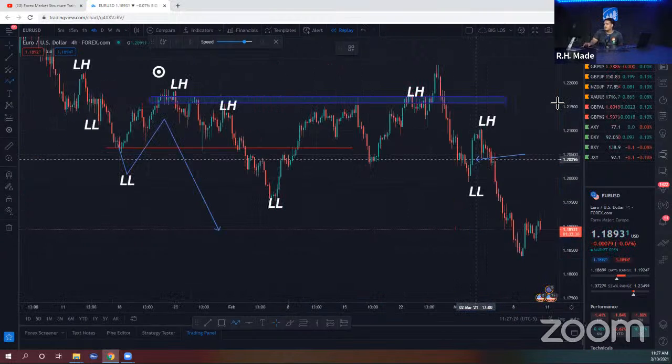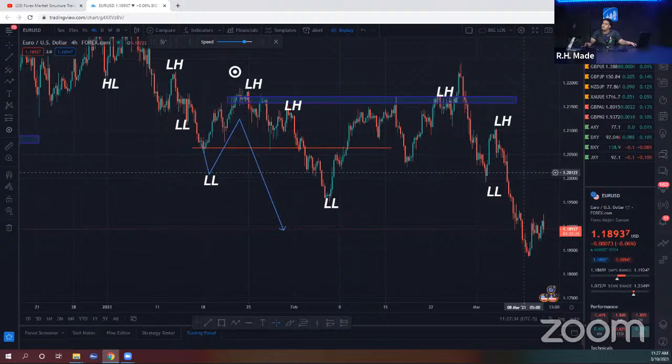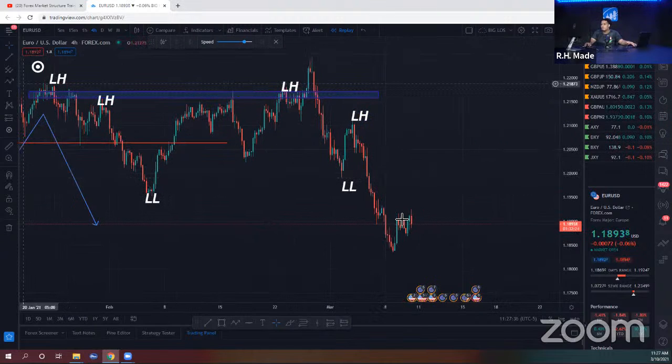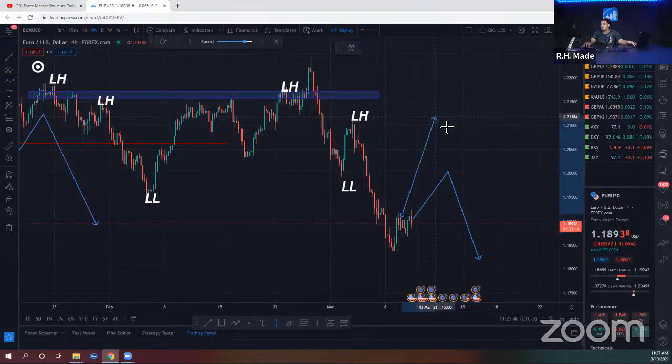This is where EUR/USD is currently at, so there is no more playback. But we're waiting for the retest of either the lower low or the lower high. Either one.